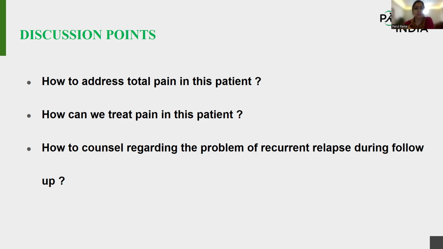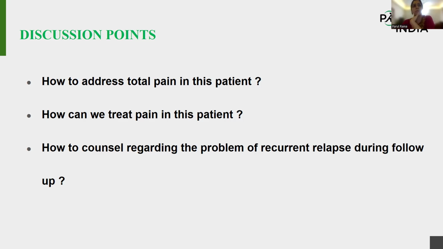We can go ahead with the psychological assessment and the counseling for her. And in that, to manage the total pain, we have to first identify what the actual issues with her are. Definitely, she is anxious regarding her recurrent ulcers, because that will lead to a reduced quality of life. So we have to focus on that.